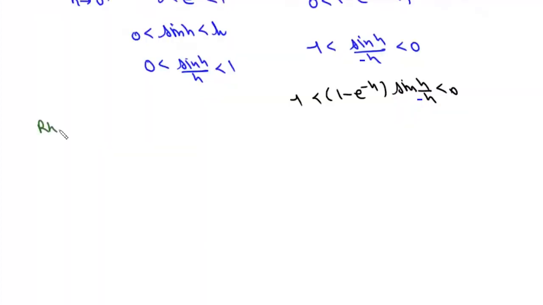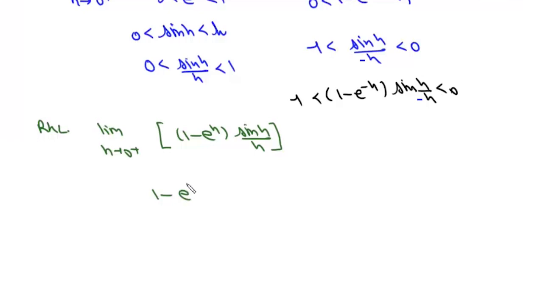Now for its right hand limit, we'll write limit h tends to 0 positive, and then it will be greatest integer function of 1 minus e to the power h, and here it will be this sin h upon h. Now in this case, e to the power h will be greater than 1. So 1 minus e to the power h will lie between minus 1 and 0, whereas sin h upon h will lie between 0 and 1.